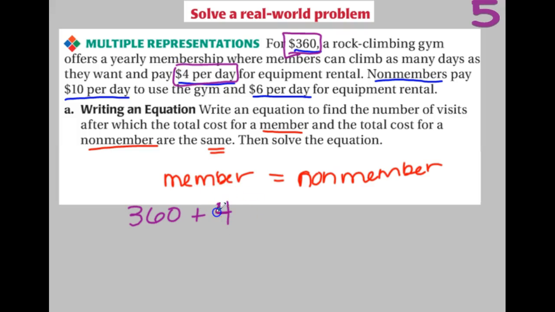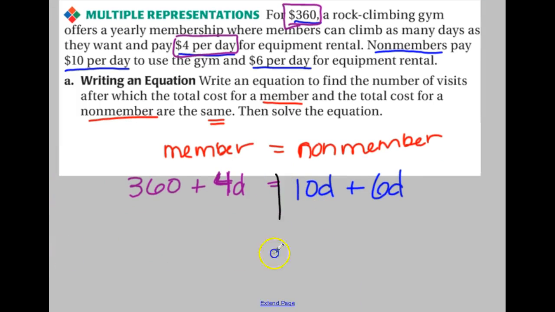So 4 multiplied by the number of days, because we don't know how many days we're going to come in. But then a non-member, they have to pay $10 every day just to come into the gym, 10 times the number of days, plus $6 times the number of days they come in. So let's solve this. We can combine our like terms first. 10 plus 6 is 16d.